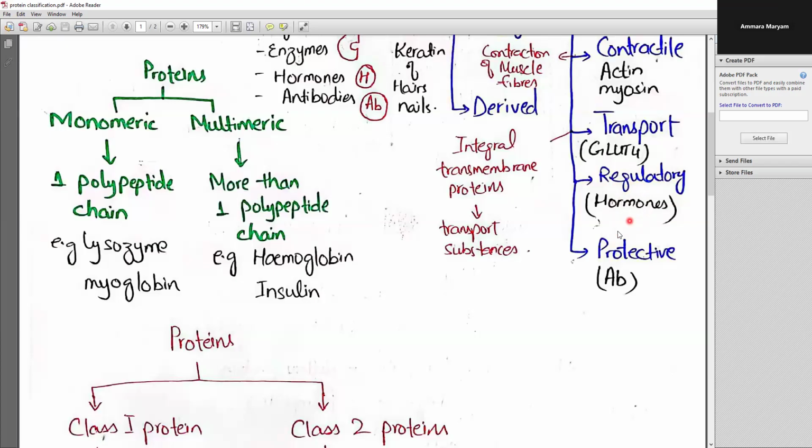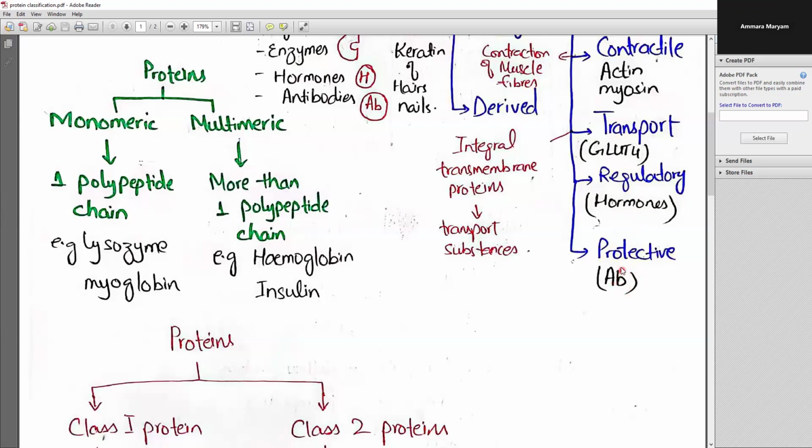Next are the protective proteins, or you can say defense proteins, which help in the defense of our body system, the immune system. What happens when any foreign substance, such as bacteria or virus, invades our body? At that time our body produces certain proteins. These are the defense proteins, the immunoglobulins, which are the antibodies.